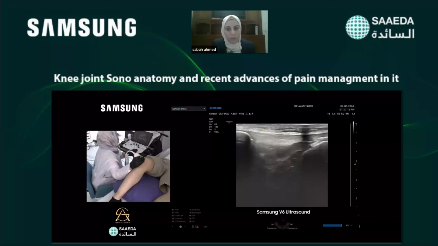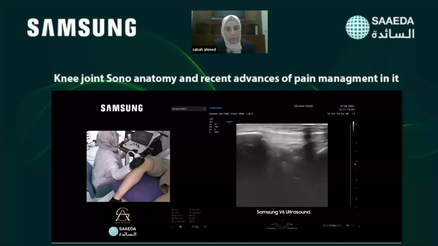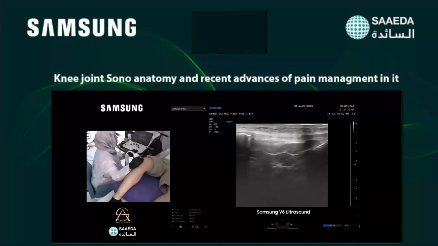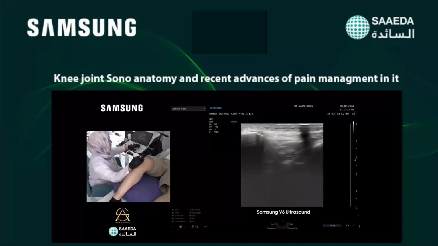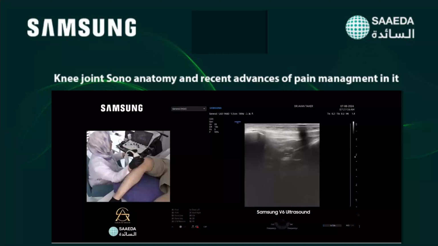So again, this is the patellar tendon that extends from the patella toward the tibia. Below it is Hoffa's fat pad, which is heterogeneous in the superficial part and homogeneous in the deep part.